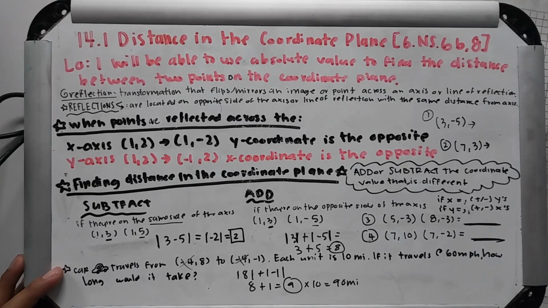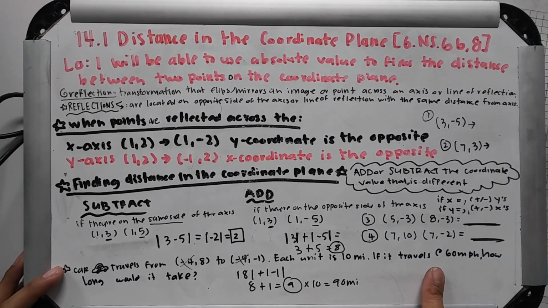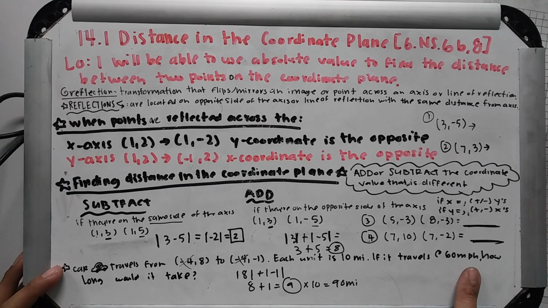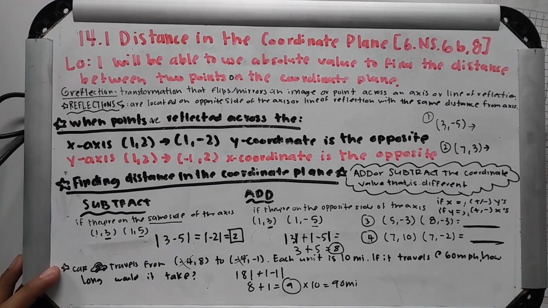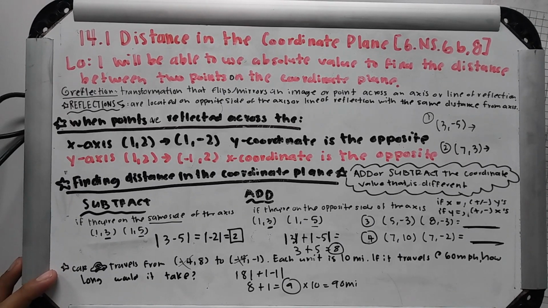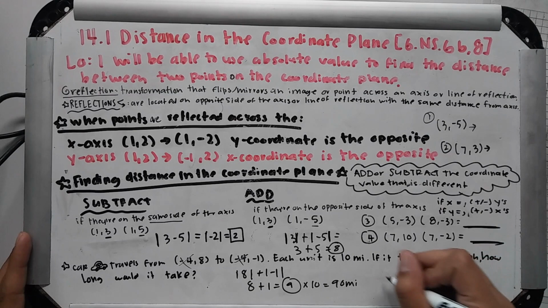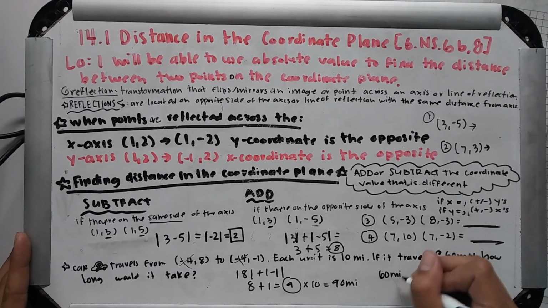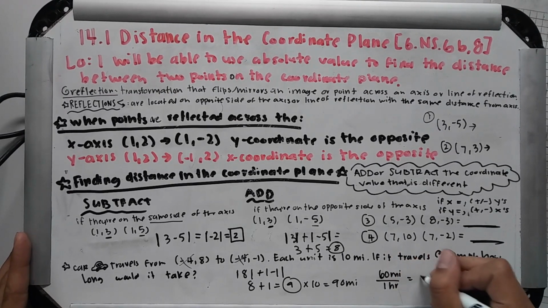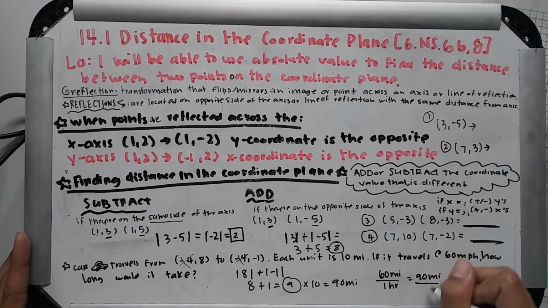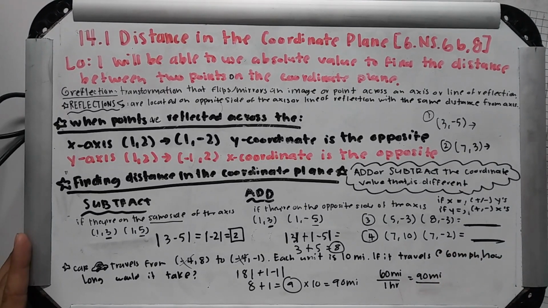Okay, so that's the second step. And then it's saying that it's going at 60 miles per hour. So how long would it take to go 90 miles? What I'm going to do here is a ratio, so I can say 60 miles every hour, and I want to get to 90 miles. We don't know this right here, that's the question.